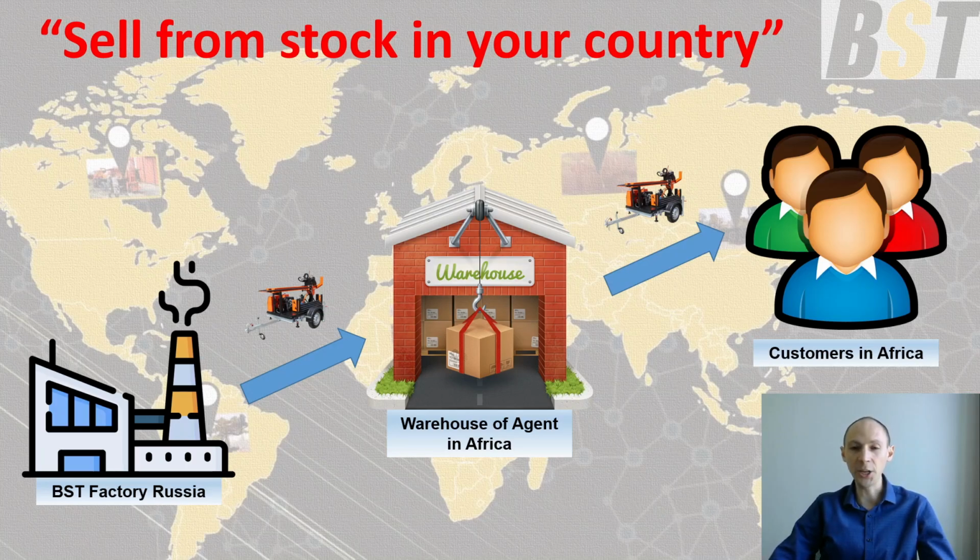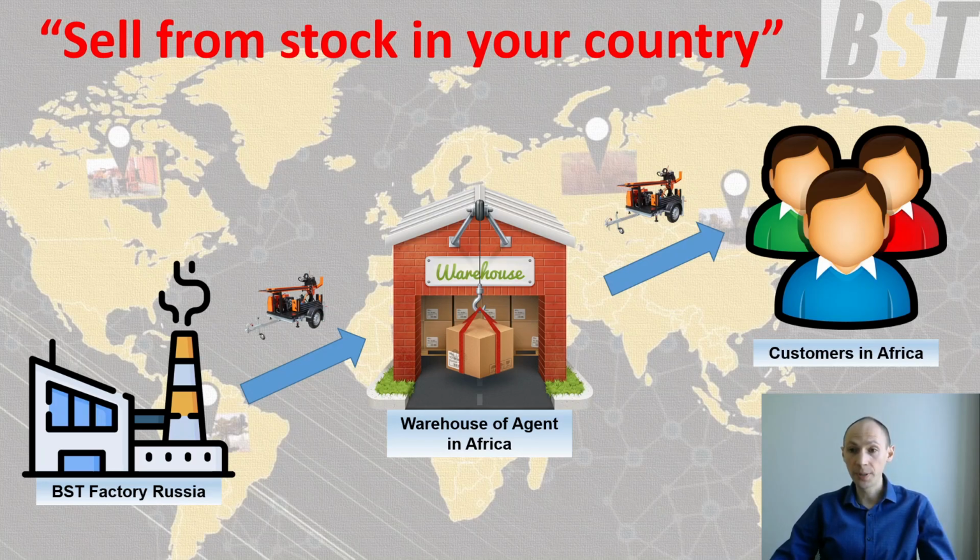It means that the agent will need to have a local warehouse in Africa, and he will be selling our product not remotely from Russia, but locally in his country, which should increase sales a lot. So this is the main difference of this new business model compared to the previous business model.